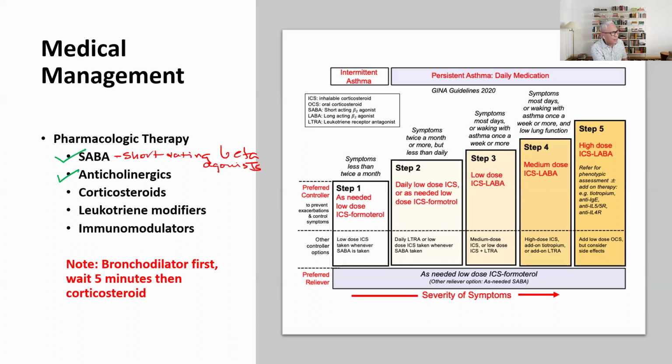Now, the other drugs that are going to be used in the management of patients with asthma are corticosteroids. Now, what are steroids and what are the actions of steroids? Steroids are actually things that interfere with the immune system response.